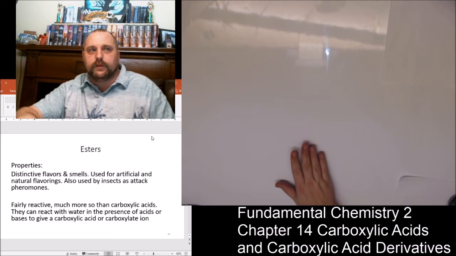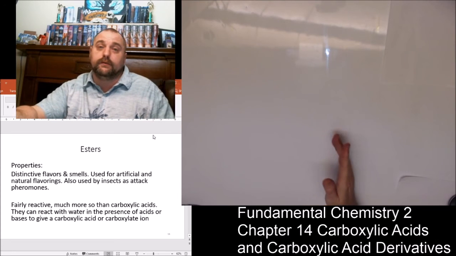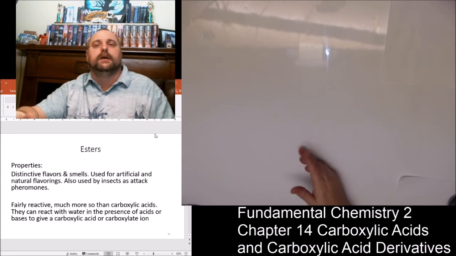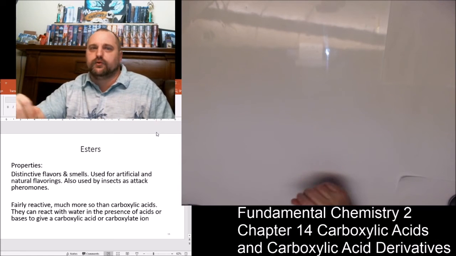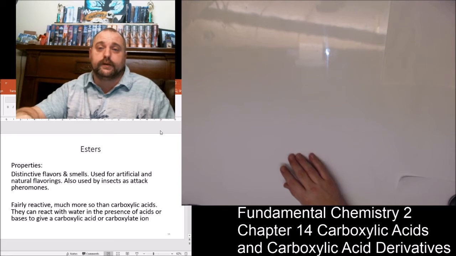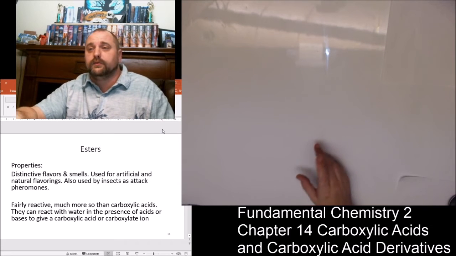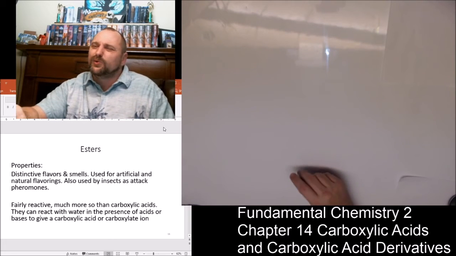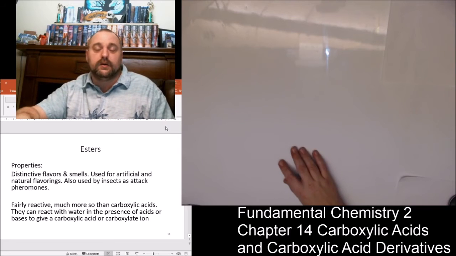We use them in artificial flavorings. They're found in natural flavorings, although it's a little bit tough. Artificial Laffy Taffies are a great example. You try some of those and you say it sort of tastes like this, it kind of smells that way, but not completely.